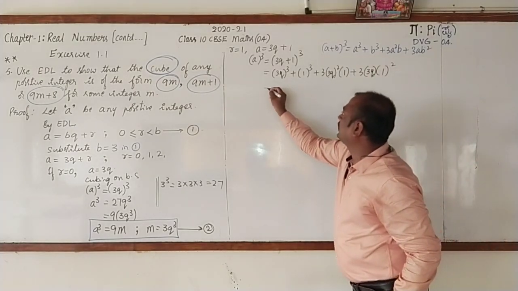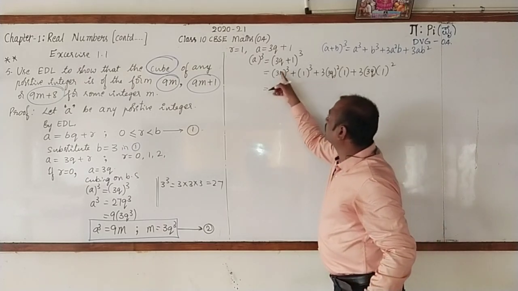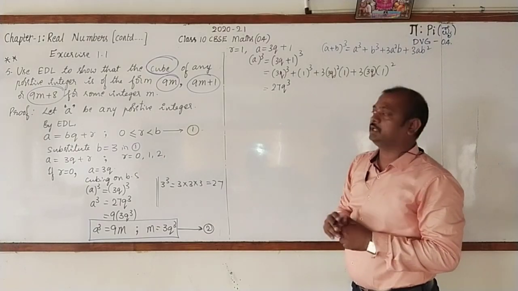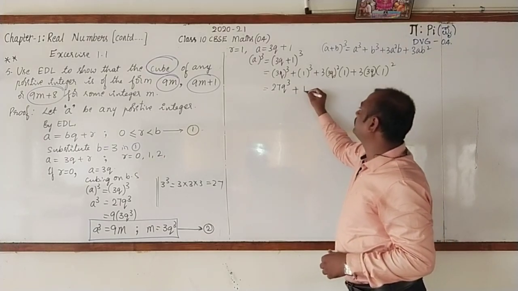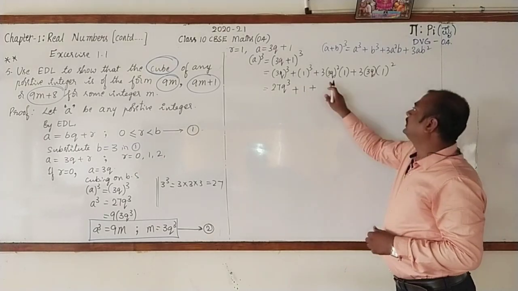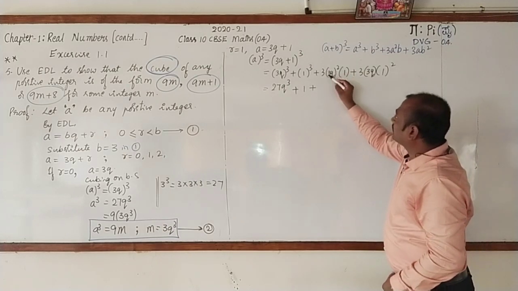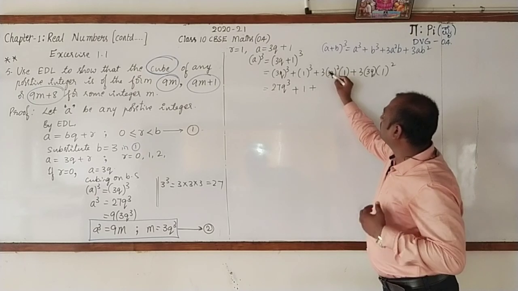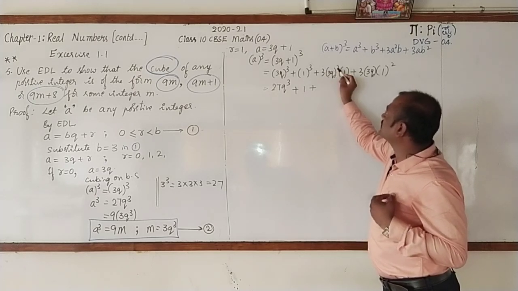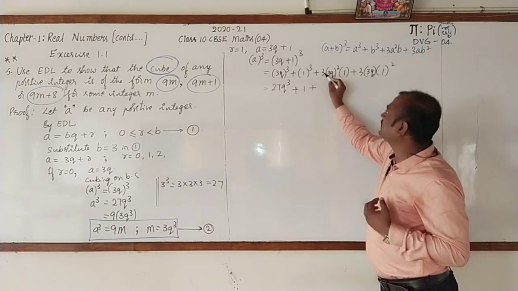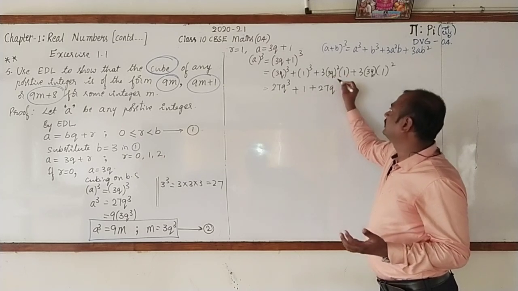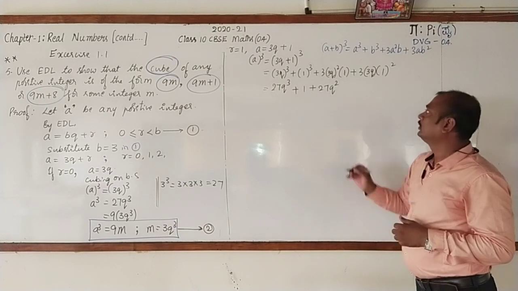Now it is equal to, apply cube to both, 3 cube is 27 q raised to the power 3, plus 1 cube is 1. Then, very important, 3 ones are already 3. Now apply square to both: 3 square is 9, 9 threes are 27, 27 ones are 27 q raised to the power 2.